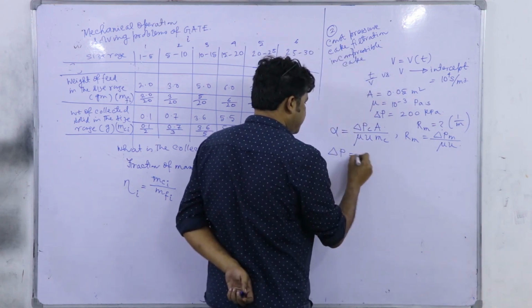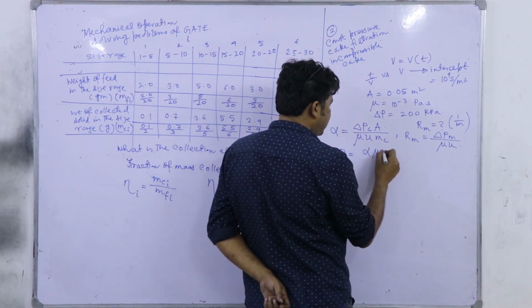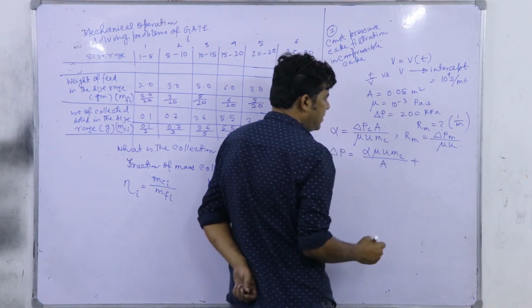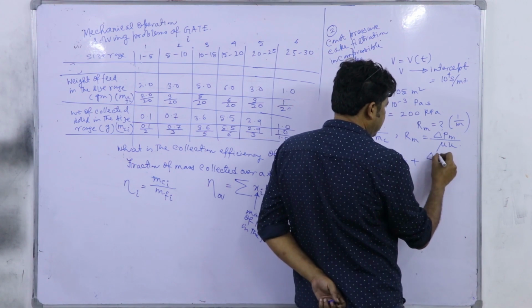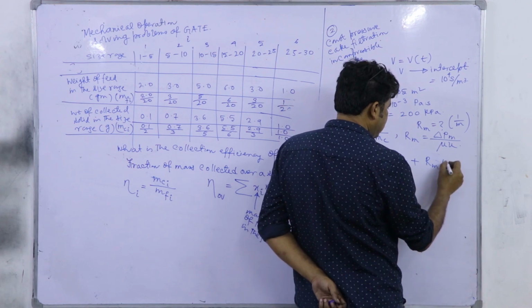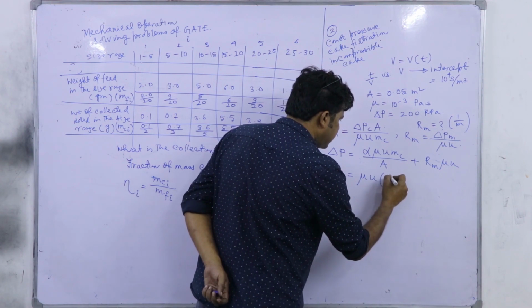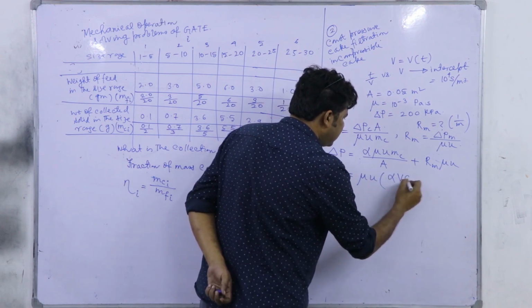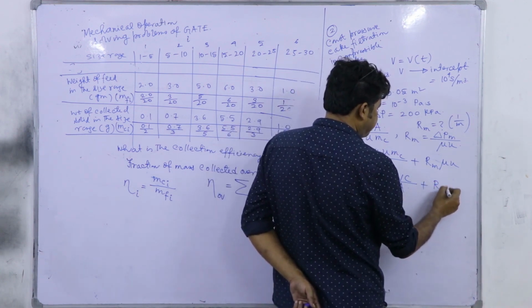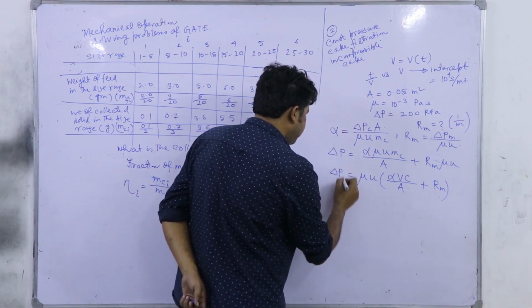So, delta P, if you simply write, it is alpha mu u mc by area, plus delta Pm, which is equal to Rm into mu u. So, mu u, if we take common, it is alpha into mc, which is V into C divided by A, plus Rm. So, that is delta P.